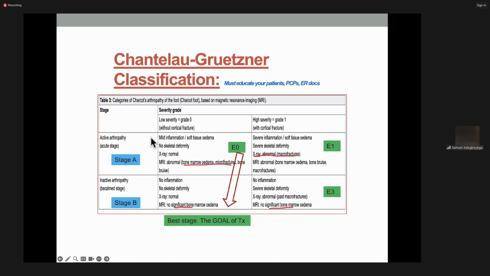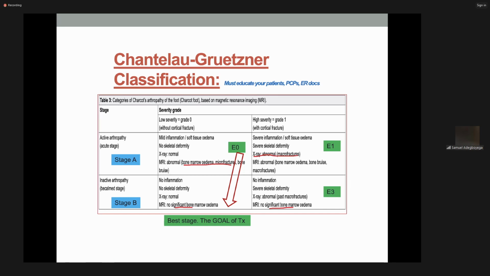Okay. Then it's severity grading, stage 0 or stage 1. Stage 0 is saying that on the X-ray, is it normal or abnormal? If it's normal, that's stage 0. In stage 1 on the X-ray, that means you have macrofractures.